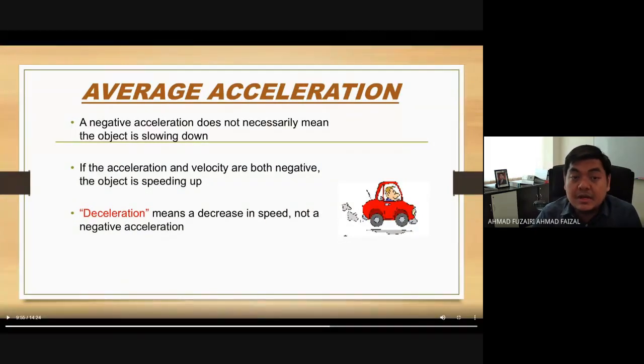Remember one thing, maksudnya kalau ada negative acceleration, bukan bermaksud objek tu semakin perlahan. It's just because of the direction. If the acceleration and velocity are both negative, the object is still speeding up. Maknanya kedua-dua ke arah yang sama. Deceleration means a decrease in speed, not a negative acceleration. So kena faham, jangan salah faham.